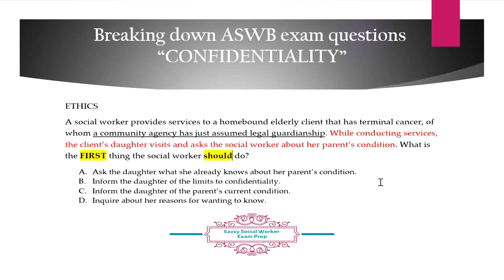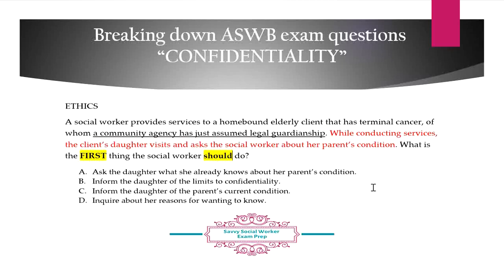Now that we know what the presenting problem is and what the question is asking, this will make it clearer for us to pick out the right answer as we read the answer choices. Considering that presenting problem, should the first thing we do be to ask the daughter what she already knows about her parent's condition?